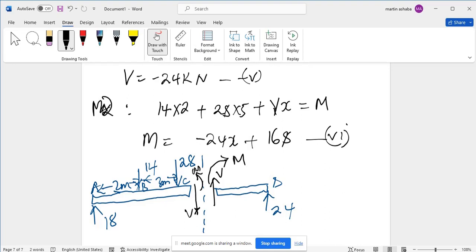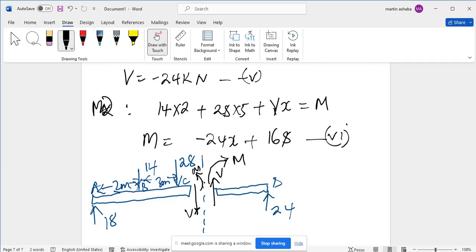When we add the two moments, they should cancel each other, because it is the same moment, but because we are considering one side of the section and another side of the section, if we consider sign convention, the two are going to be equal in magnitude but different in sign.